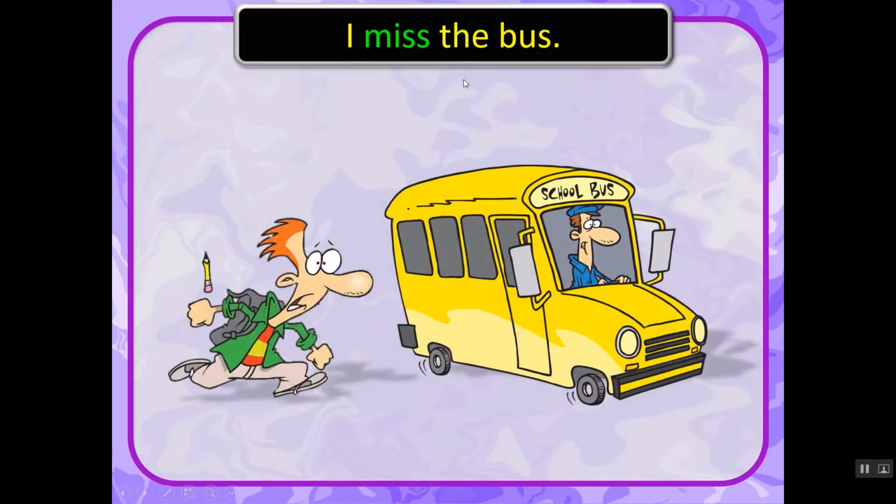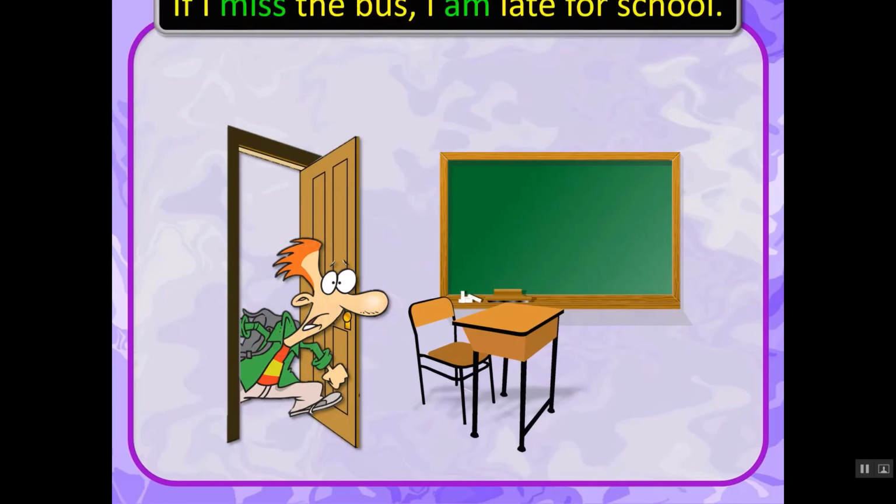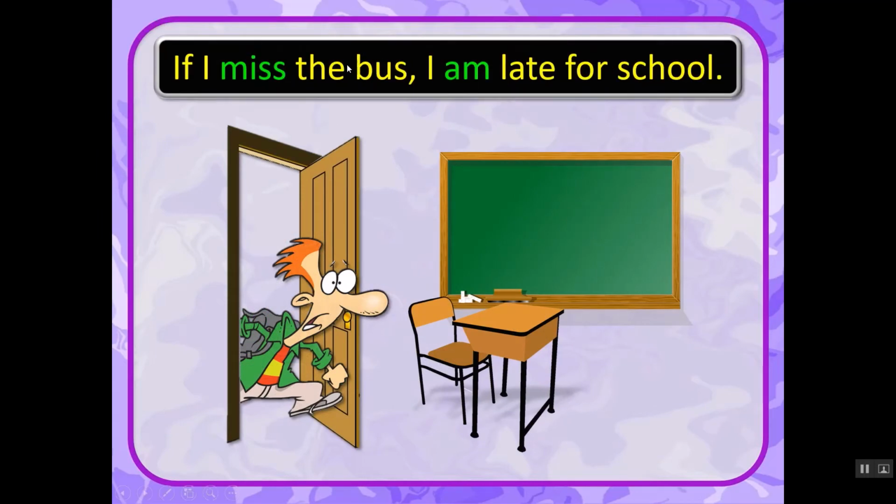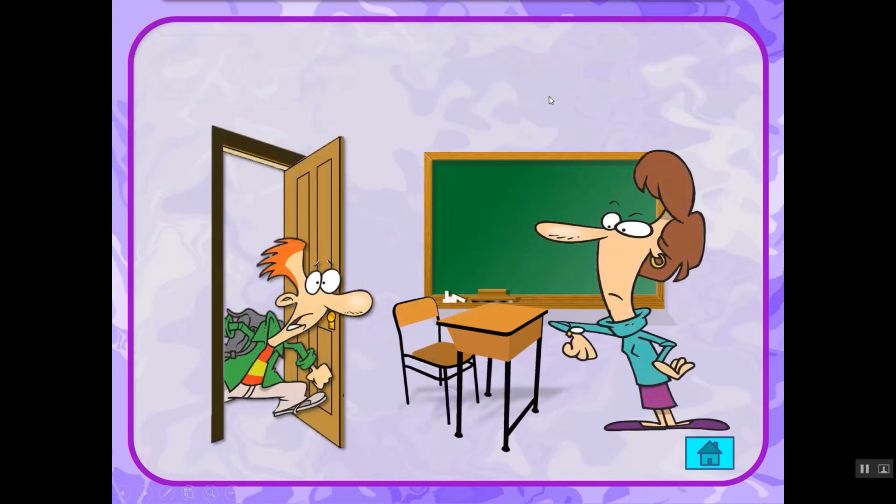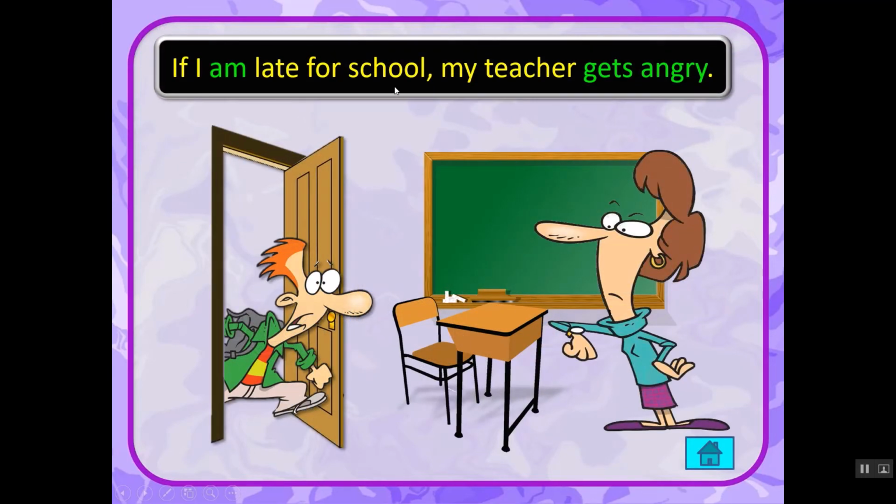So if I oversleep, I miss the bus. If I miss the bus, I am late for school. If I am late for school, my teacher gets angry. These are both present simple. You can also change them around and say, my teacher gets angry if I am late for school.